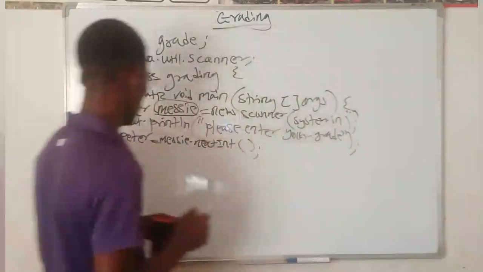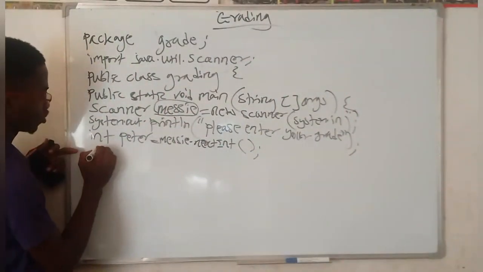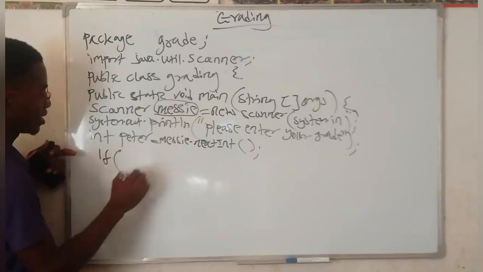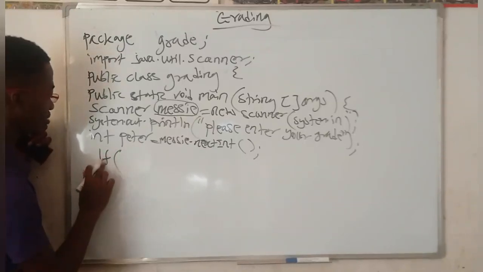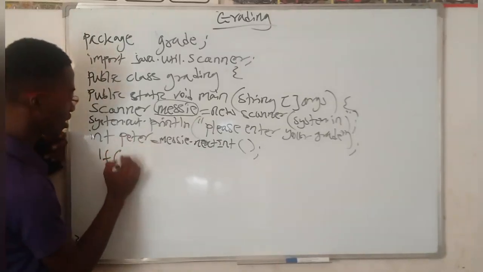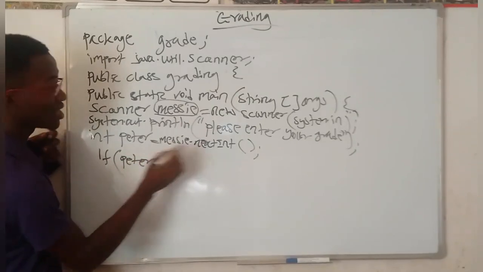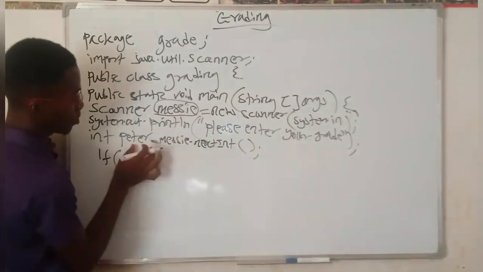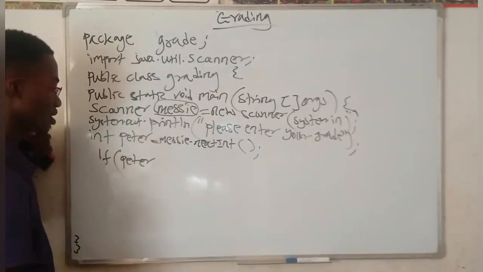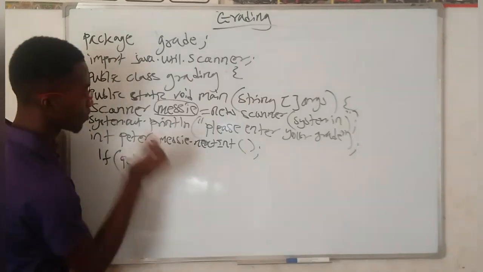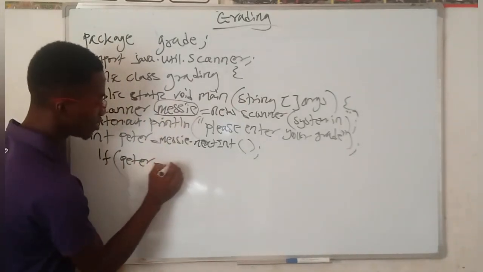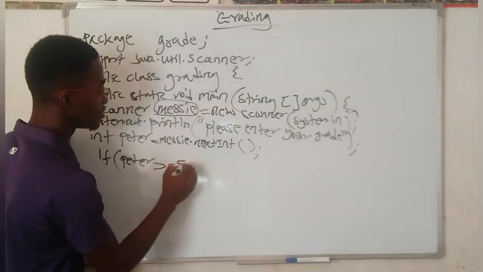Let me show you what I mean here. In this parenthesis of the if statement, I'm going to say Peter, because whatever the end result of the entry will be is stored here. If Peter is greater than or equal to 50.